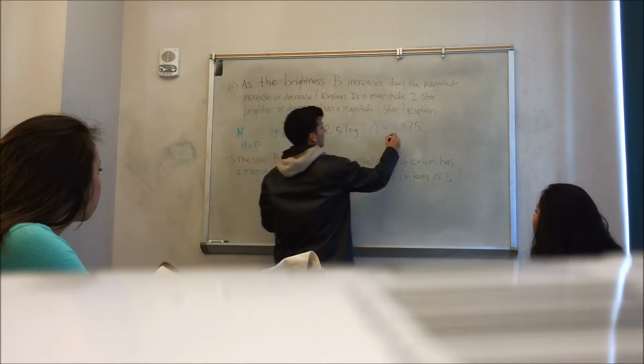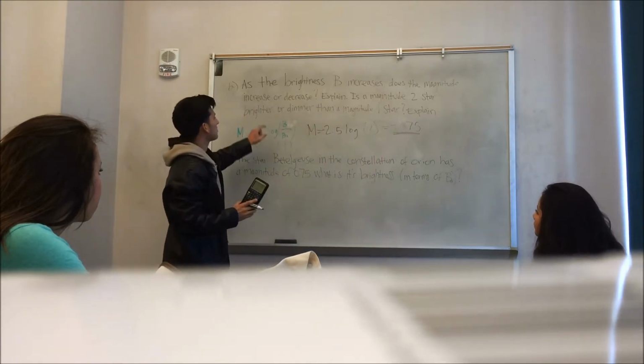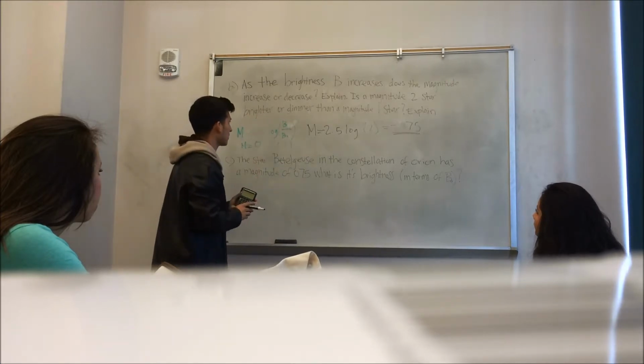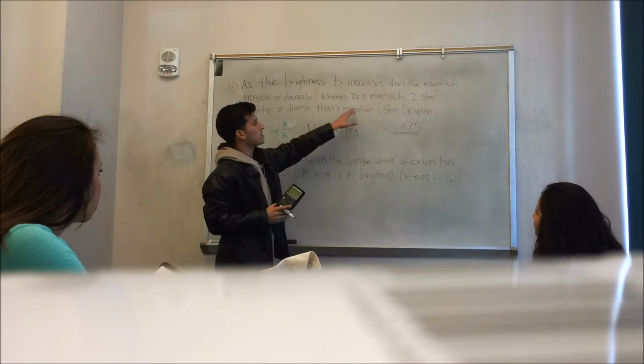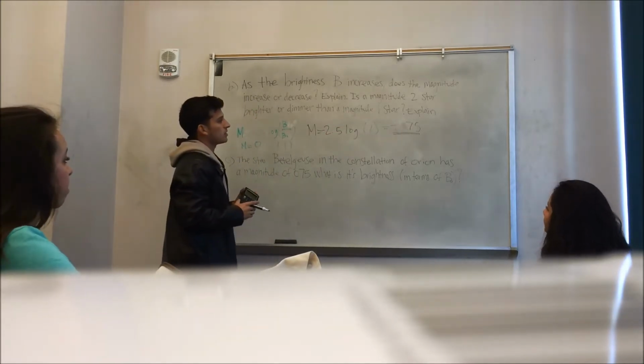So this will be our new magnitude. So that explains why the magnitude will decrease as brightness increases. The second part of this question asks if the magnitude 2 star is brighter or dimmer than a magnitude 1 star.